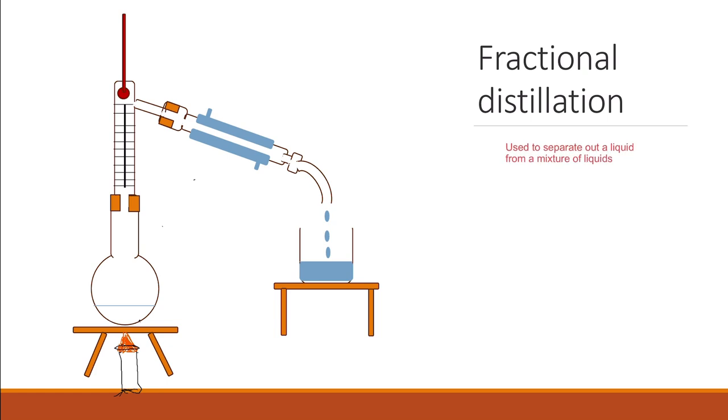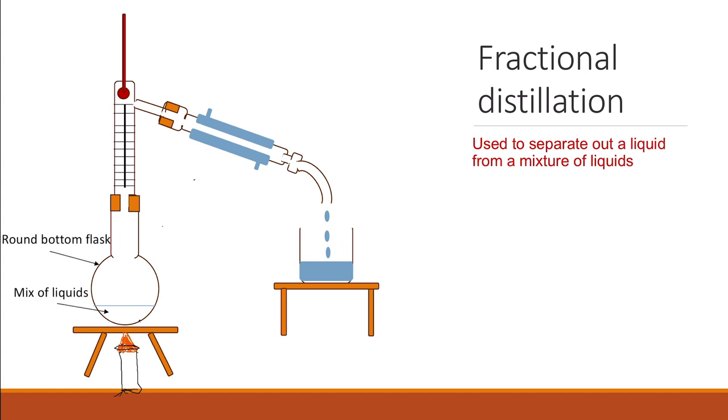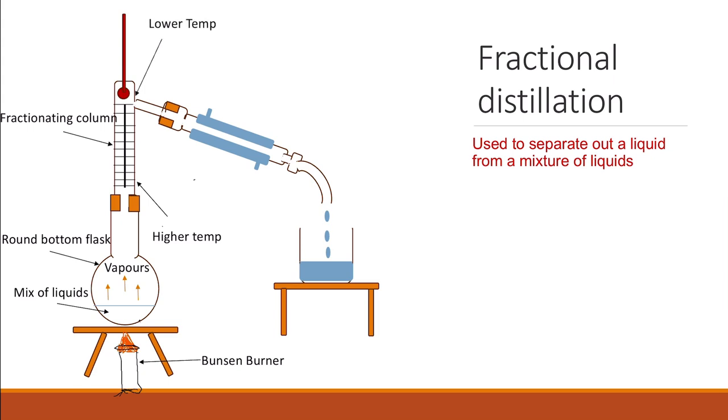If you have a mixture of liquids and you want to separate out one of these liquids, then you can use fractional distillation. You put the mixture of the liquids in the round bottom flask, you heat it, vapors start to form, and then you use a fractionating column. The fractionating column has a higher temperature at the bottom and a lower temperature at the top.